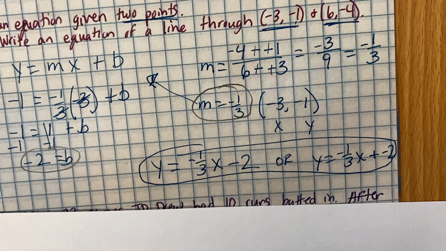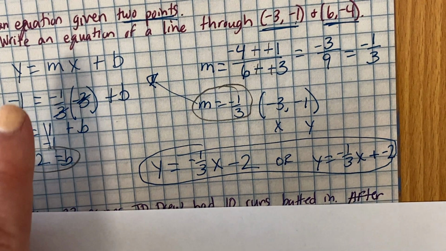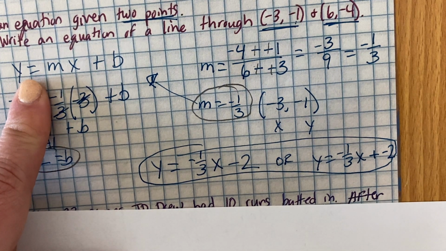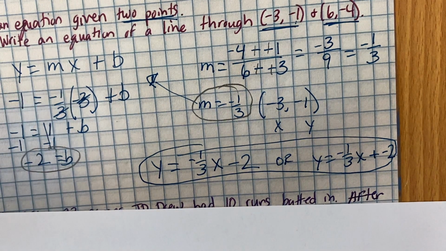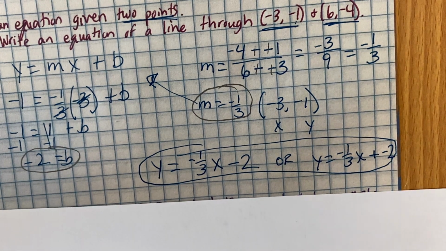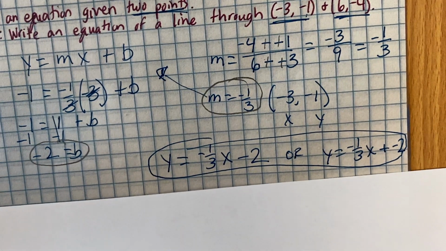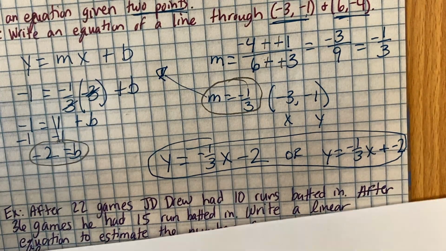All right, so when you need to find your points, you're always going to go back to this y equals mx plus b. You need to find an m and a b. Okay, that's kind of the whole entire lesson that you're doing. So I'm going to make a note right here.